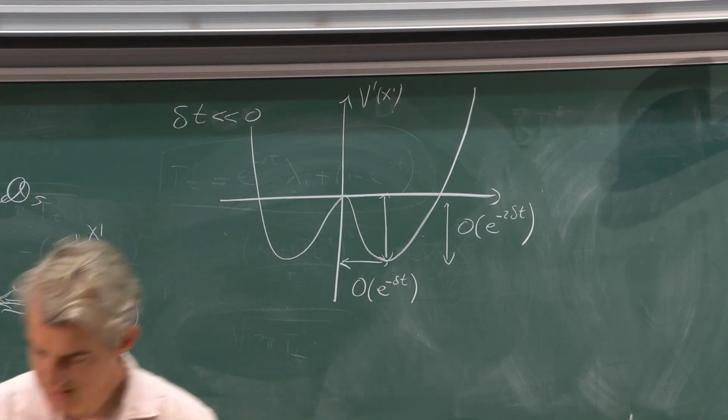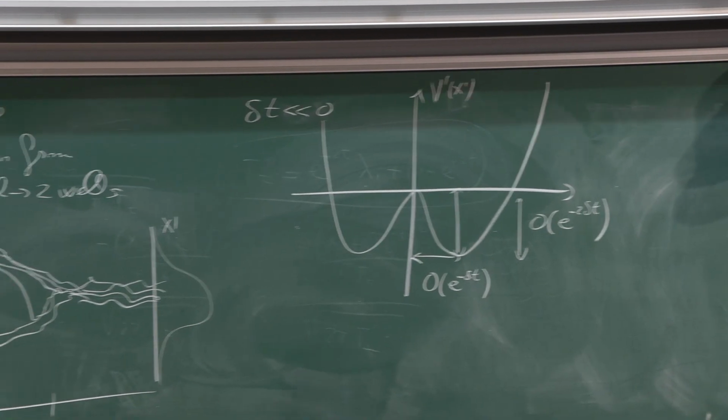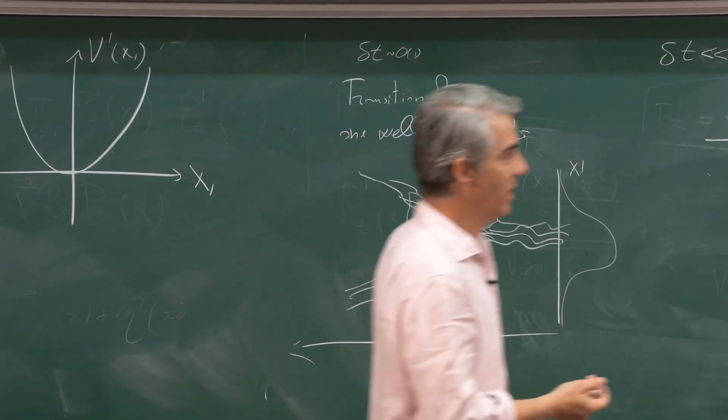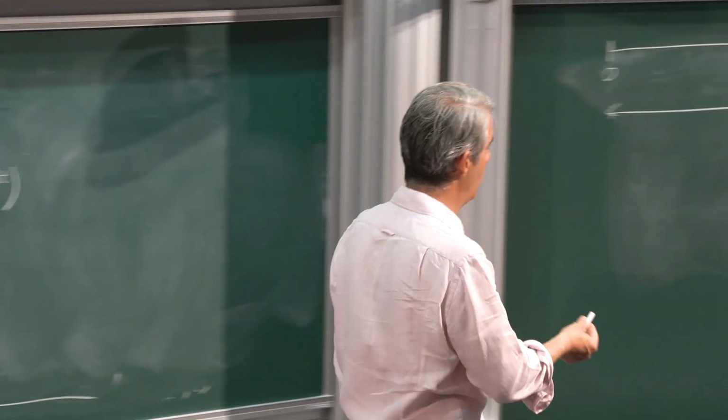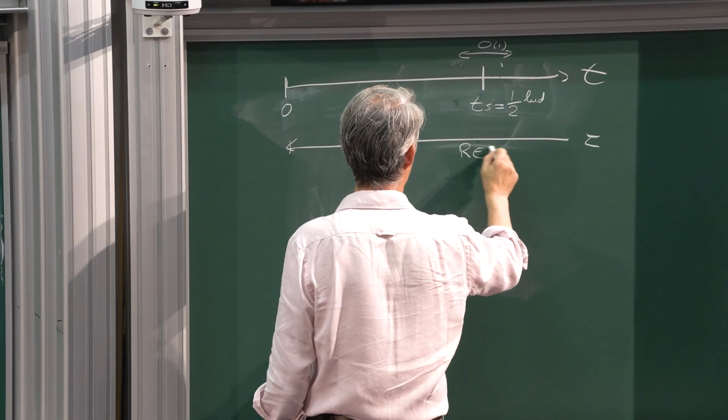So first you have the two wells, then the two wells go farther and farther apart, and deeper. When it becomes deeper and deeper, it becomes more and more unlikely to make this jump. This was what we call regime 1.